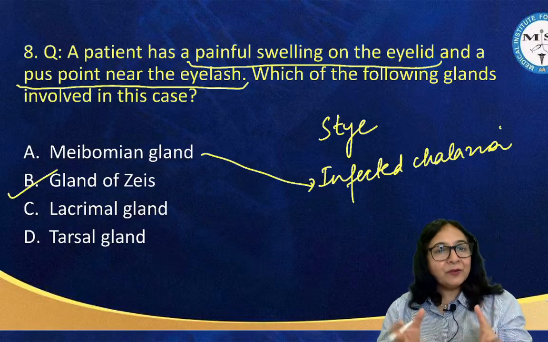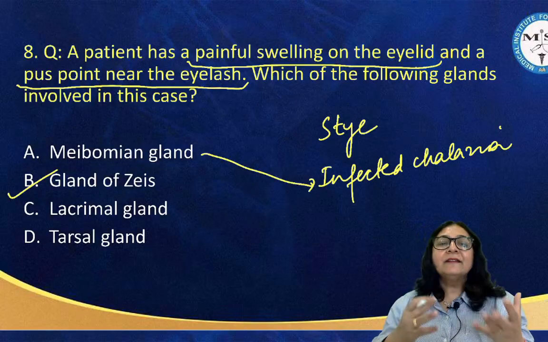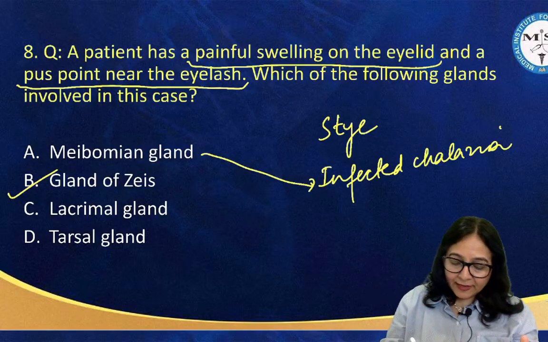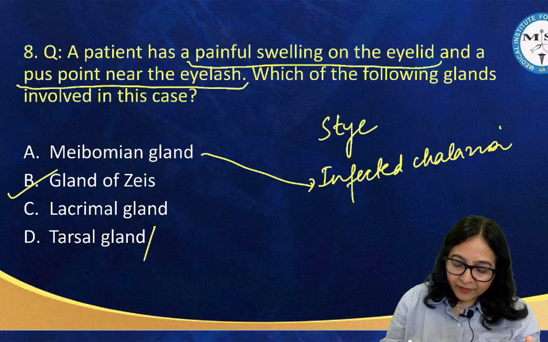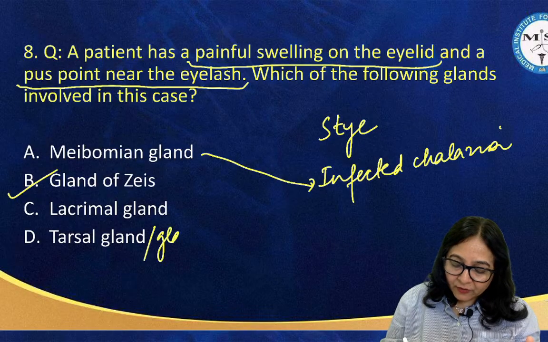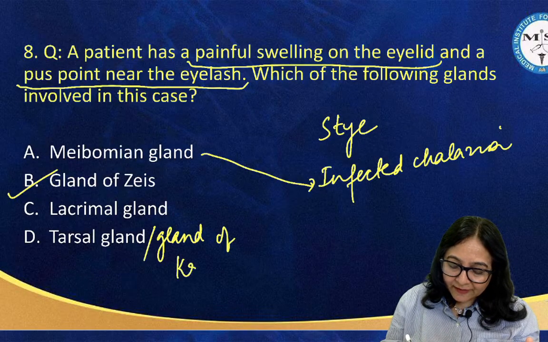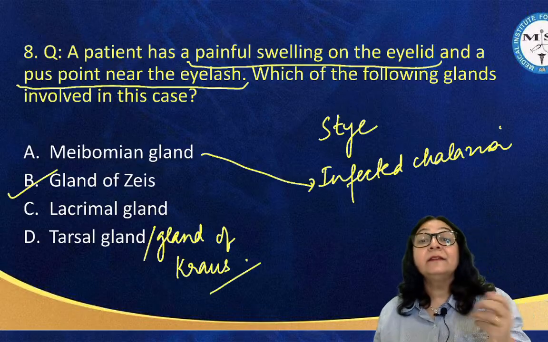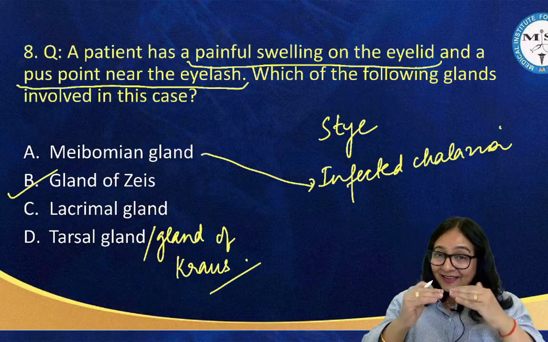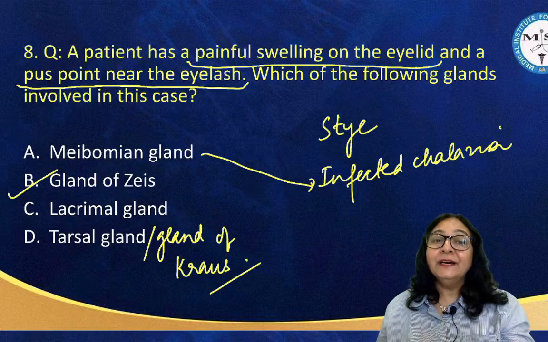Lacrimal glands are not present near the eyelash. Tarsal gland is another name for meibomian gland. Some people were saying they mentioned the gland of Krause. Gland of Krause, as you know, is an accessory lacrimal gland. Again, it is not present in relation to the eyelash.